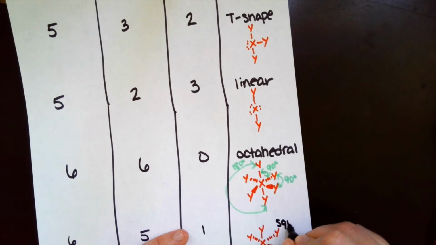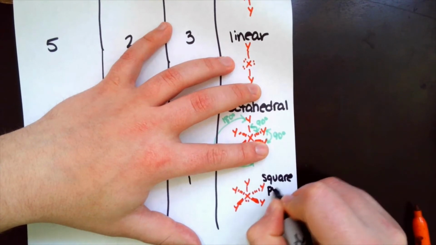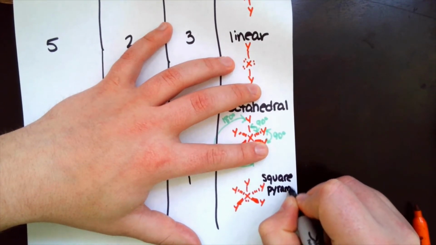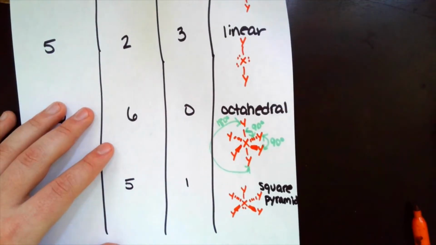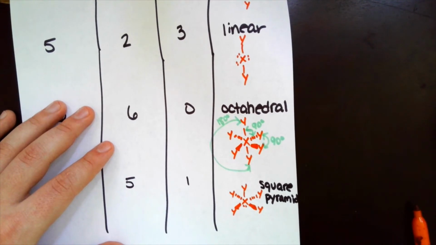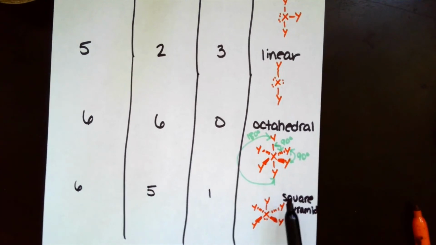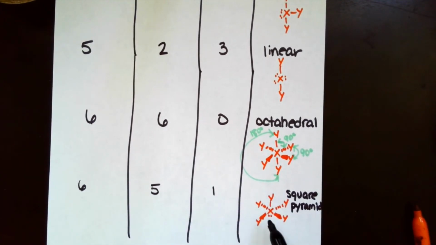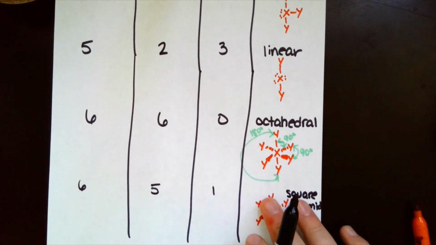And that's called square pyramidal. Sorry, I kind of ran out of room there. But yeah, square pyramidal. Because again, just like I said before with the trigonal pyramidal, it was like you had a triangular base that went up to a pyramid. Well, now you've got kind of a square base with the equatorial positions that can be brought up to a pyramid as well. And I'm going to bring out one last sheet of paper to keep going here.